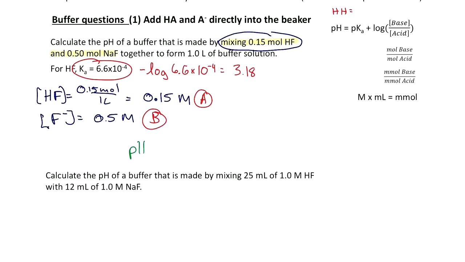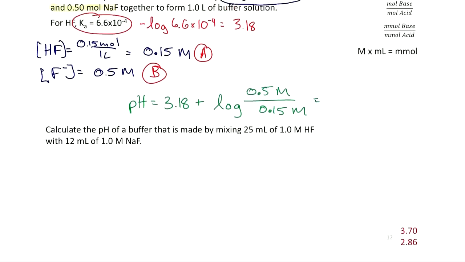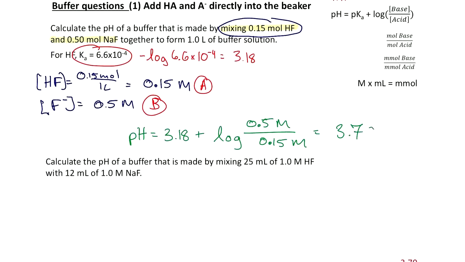So pH equals pKa, 3.18, plus log base over acid. So it's 0.5 molarity over 0.15 molarity, and we get that this pH is something like 3.70.